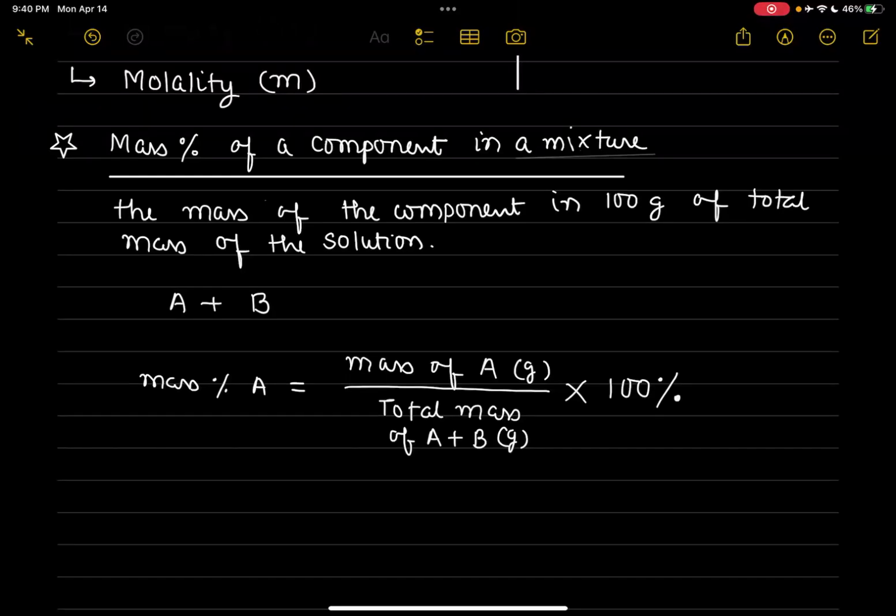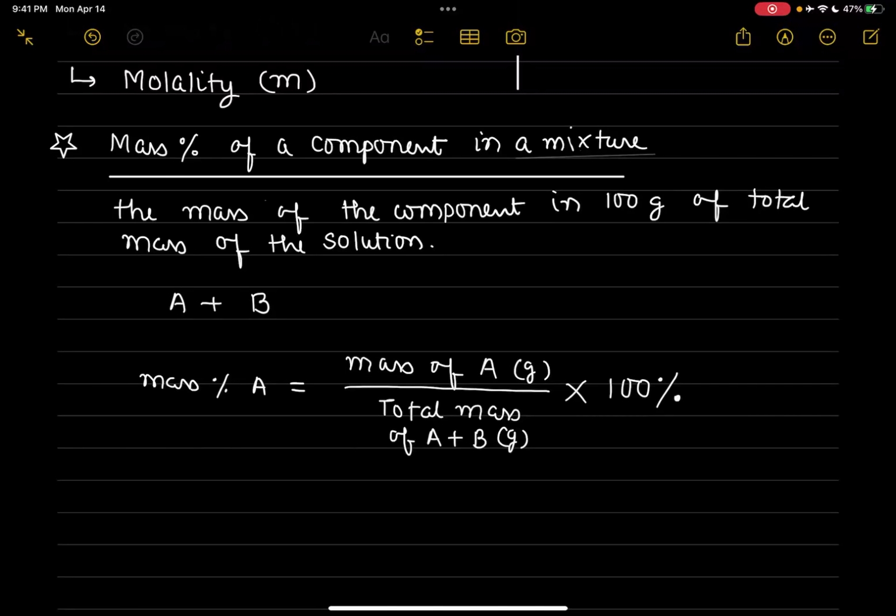So if you need to get the mass percentage of a component, you need to divide the mass of that component by the total mass. Total mass is 100 grams only, right? No, it is out of 100. It's not necessary that they give you a total mass of always 100.